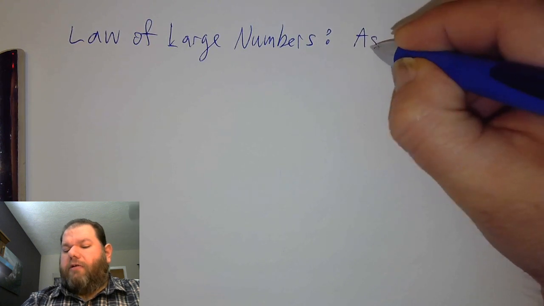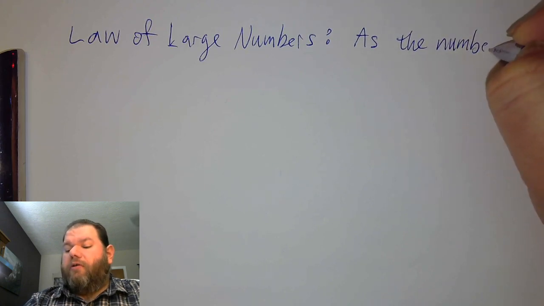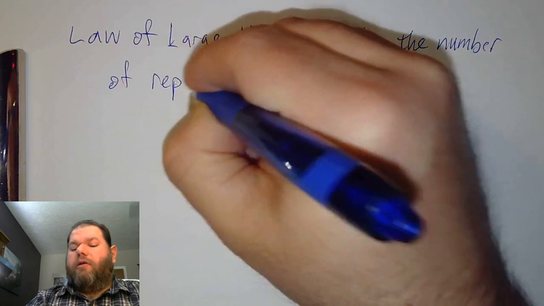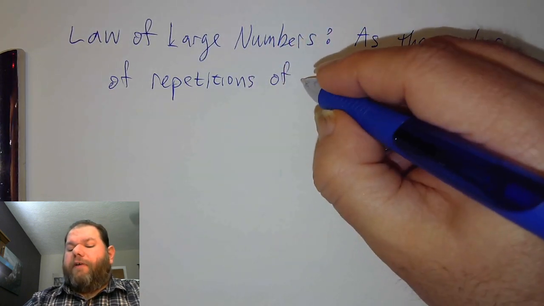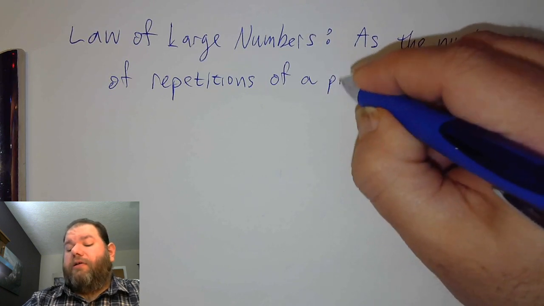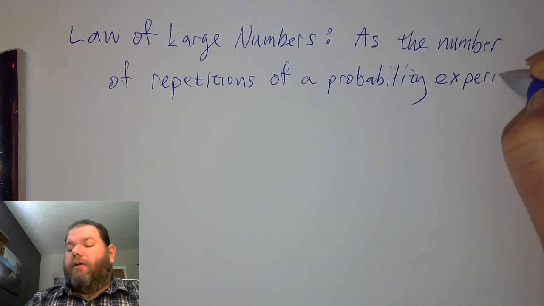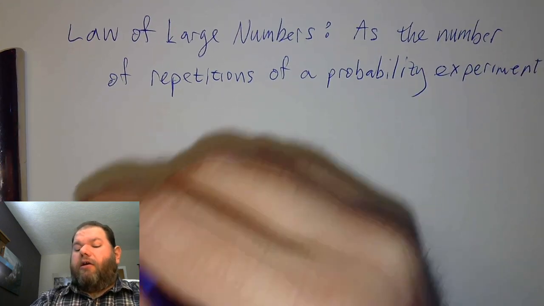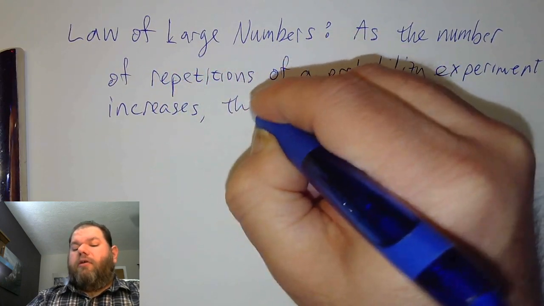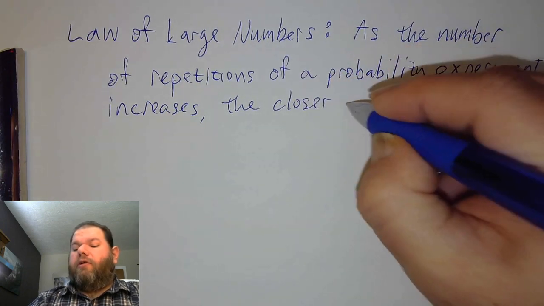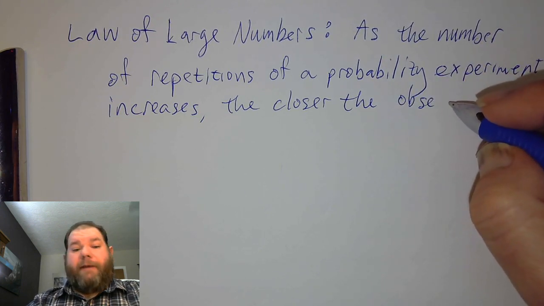So as the number of repetitions of a, let's call it a probability experiment, increases, the closer the observed probability gets to the expected probability.